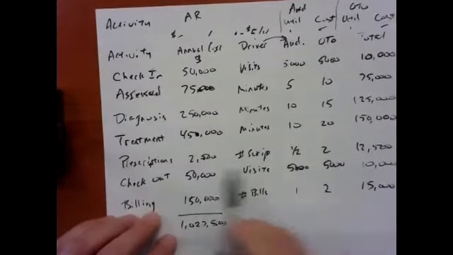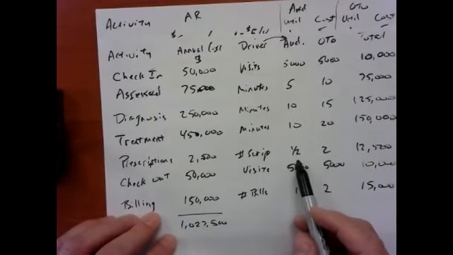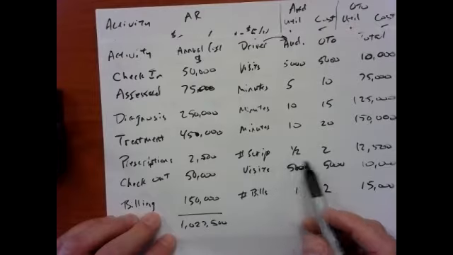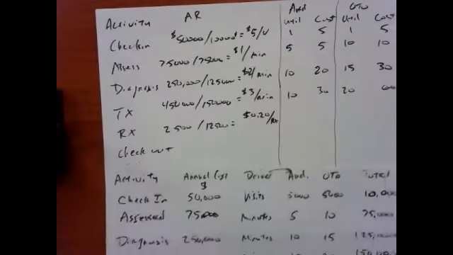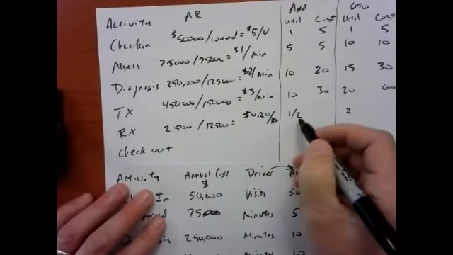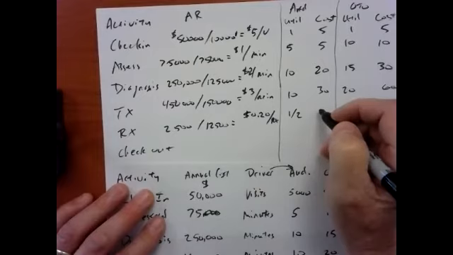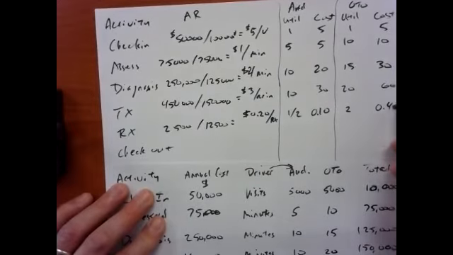Right? Audiology uses an average of a half a prescription, and otolaryngology uses 2 prescriptions. So utilization is a half and 2. So a half of 20 cents is 10 cents. 2 times 20 cents is 40 cents.